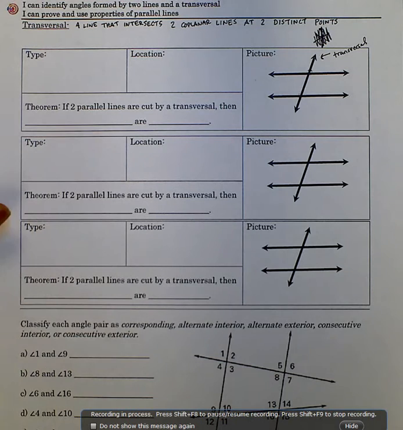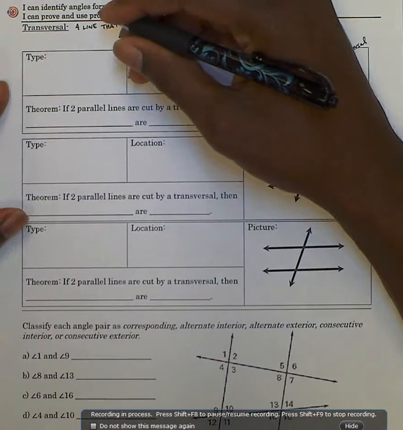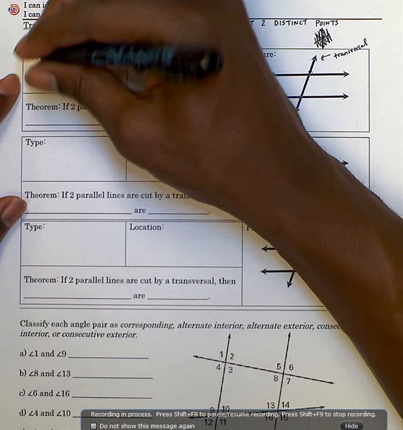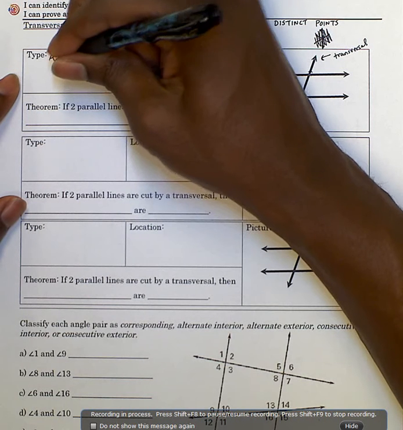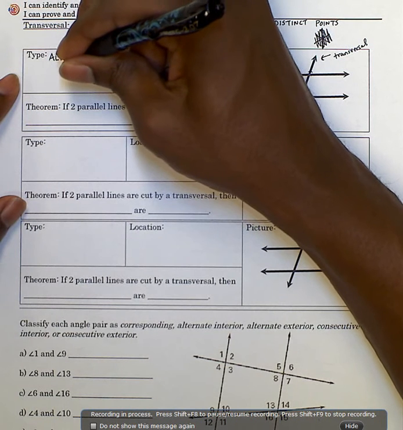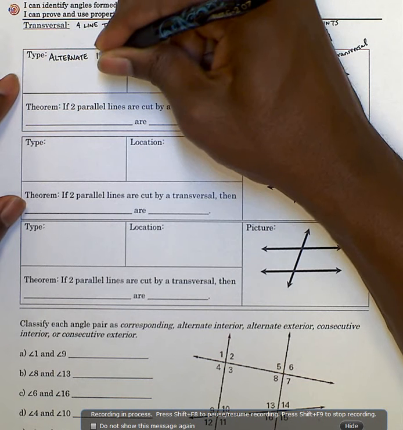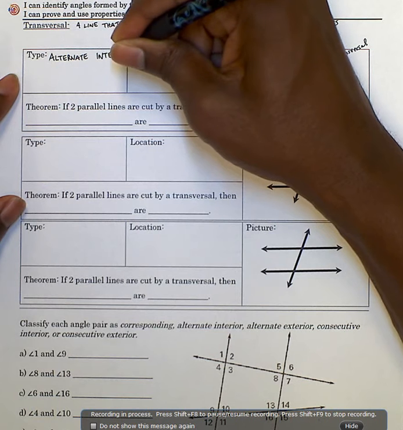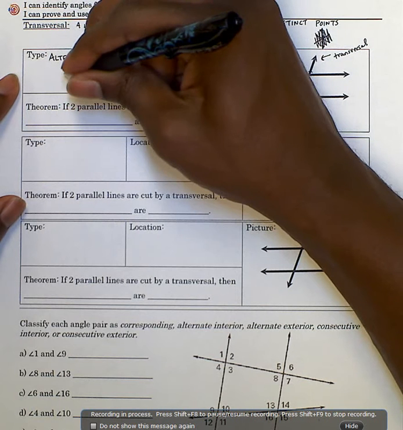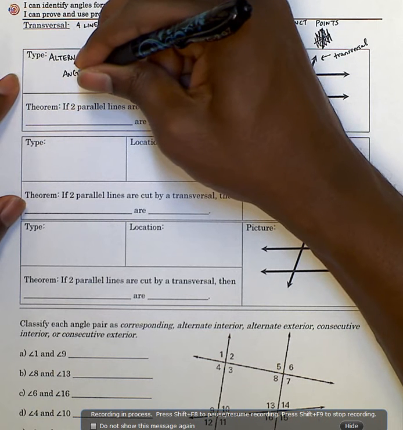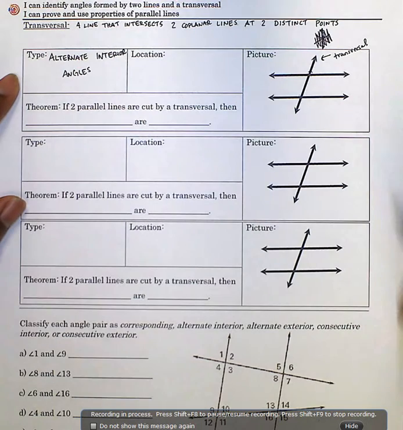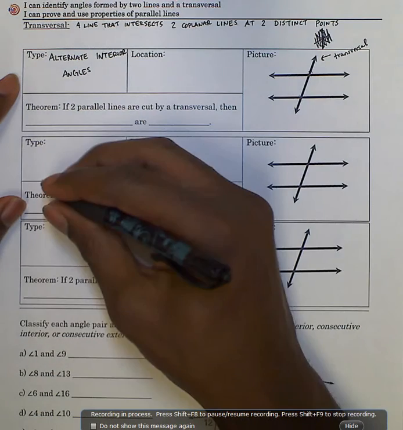We'll talk about three special pairs of angles. One pair is going to be called alternate interior angles. One pair will be called same side interior angles.